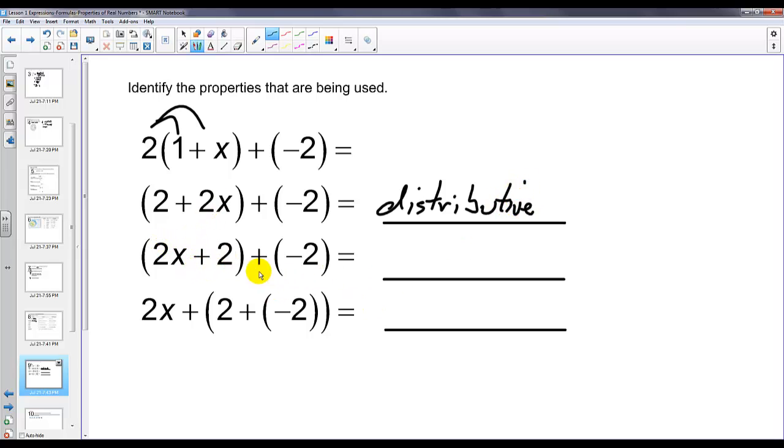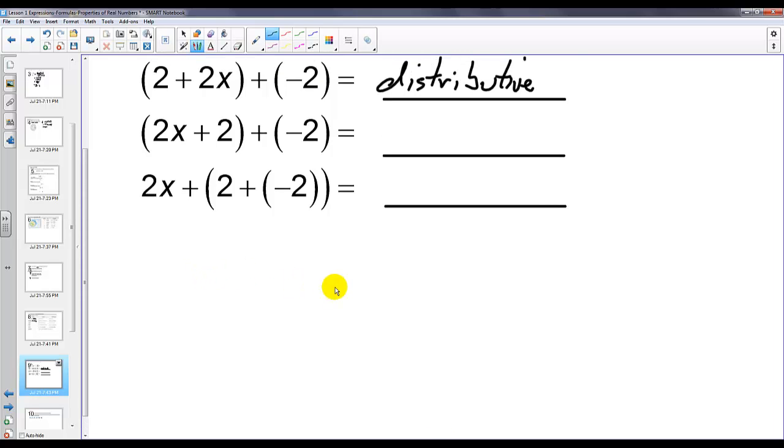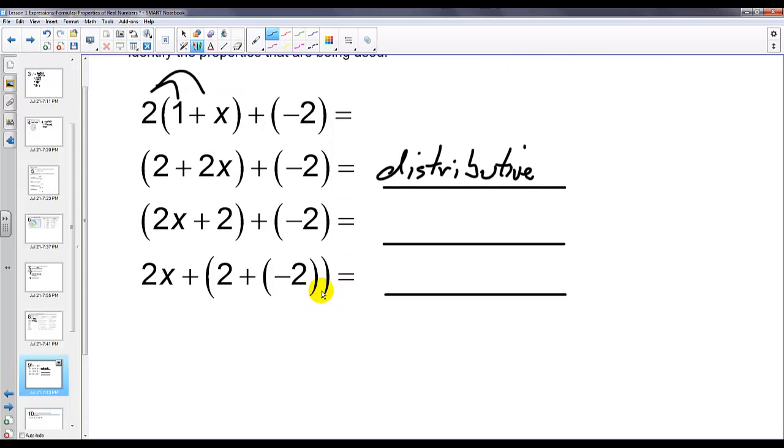You'll notice now all the groupings are in the same place. It's just that we have changed the order of the 2x and the 2 in this case. So in this case, we're going to talk commutative property. And in this case, you'll notice the parentheses have moved. So we're talking about a change of grouping, so that's the associative property.